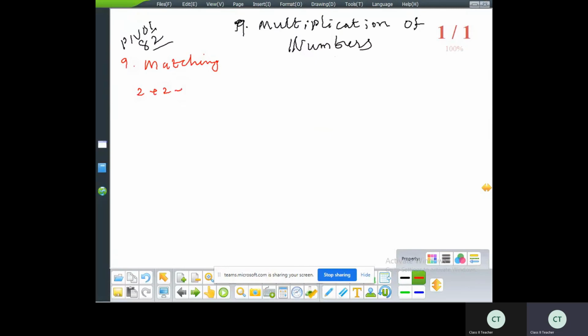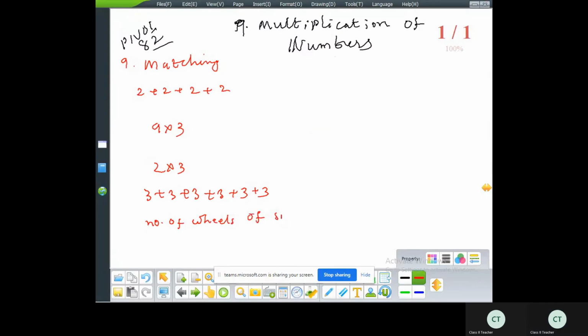Matching. 2 plus 2, 9 into 3, 2 into 3, 3 plus 3 plus 3 plus 3 plus 3 plus 3, number of wheels of 6 bicycles, and 3 into 5.